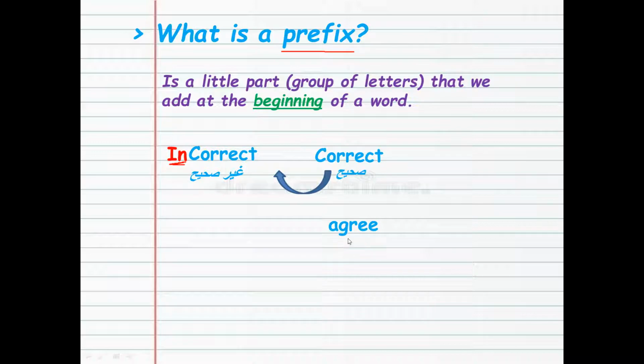Okay. If I want to change it to the opposite, لو بدي أعكسها تصبح disagree غير موافق. Okay, so again this little part هذا الجزء الصغير هو الجزء الذي يعكس معنى الكلمة الأصلية. We call these little parts prefix.